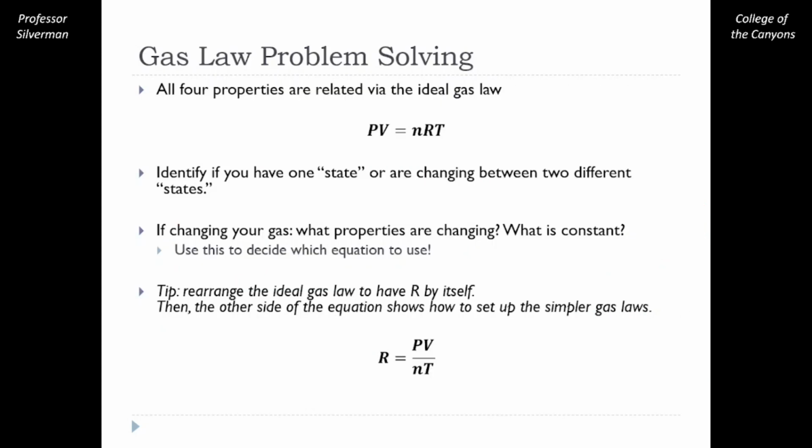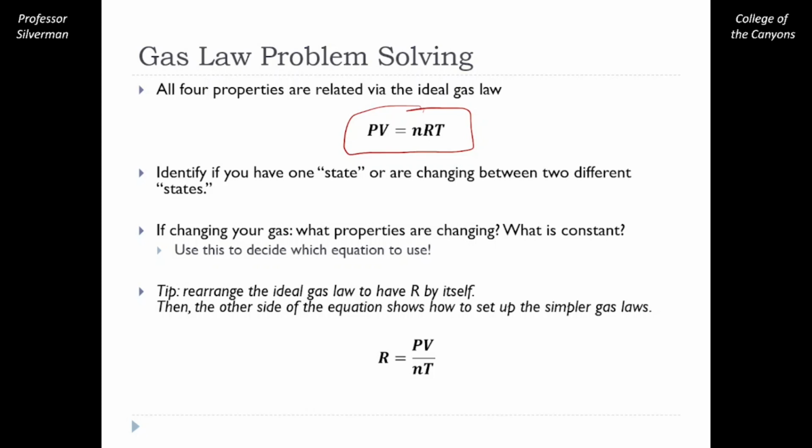All right, it's time to put everything together. We can relate all four of our gas properties using what we call the ideal gas law. The pressure times the volume is equal to the moles times R times the temperature.